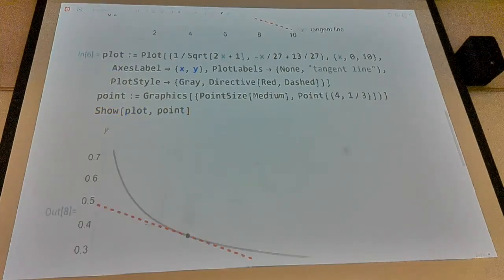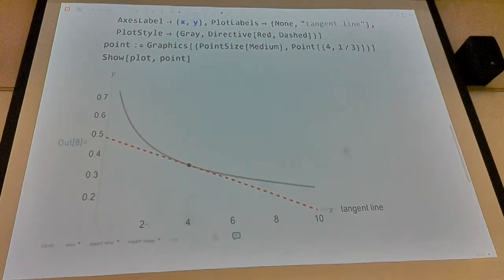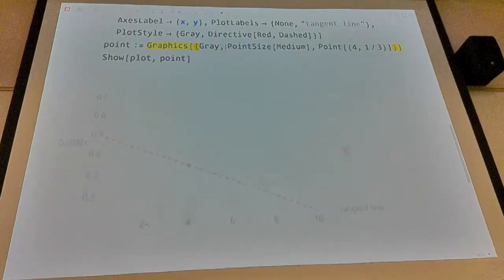And so I could also plot the point on there as well if I really wanted to. I can also put a color to make the point.